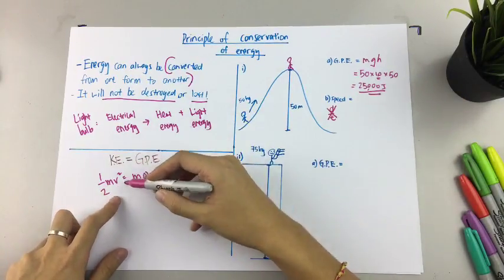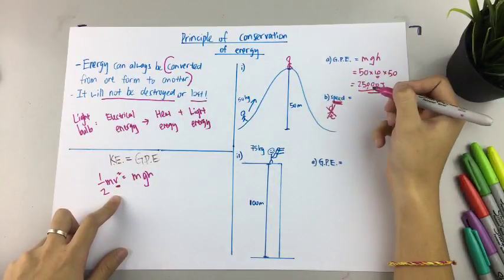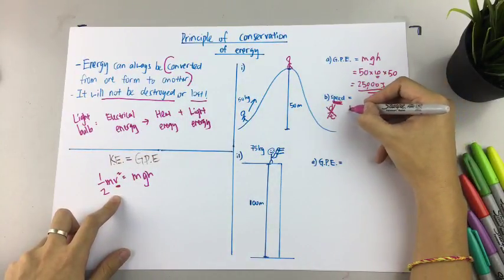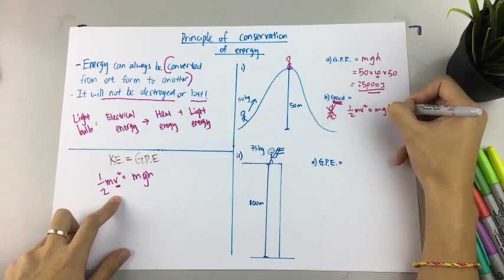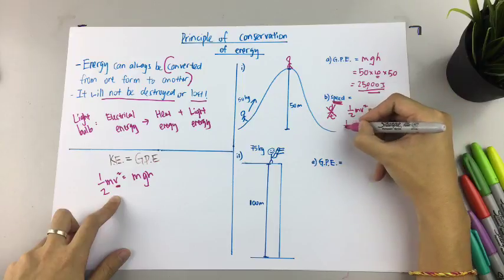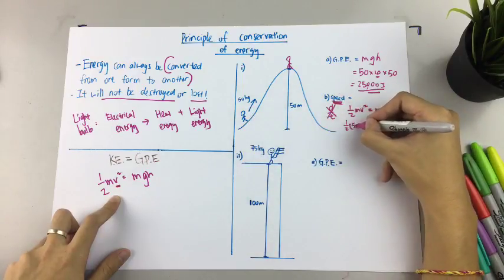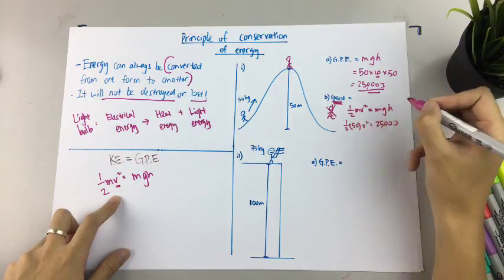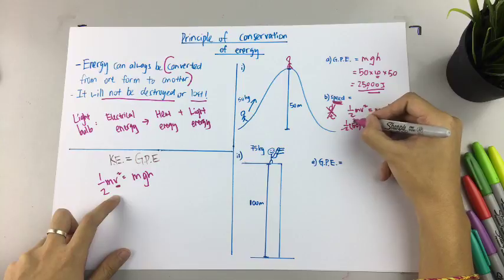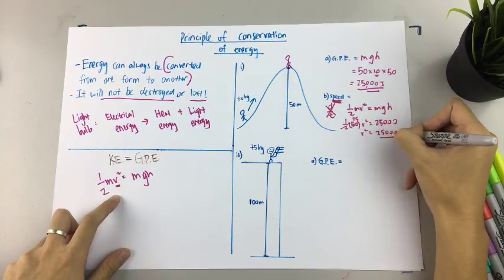We can use it because v is equal to speed as well. We know mgh is this much, so 1 over 2 times mass, which is 50 kg, times v squared equals 25,000. So 25 v squared equals 25,000, divided by 25.